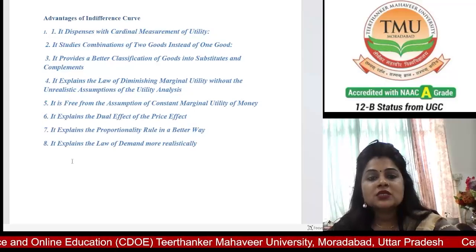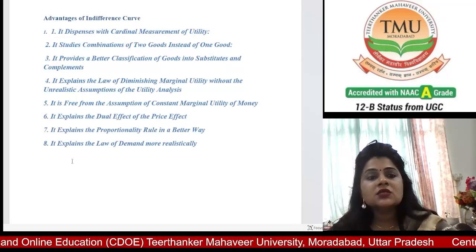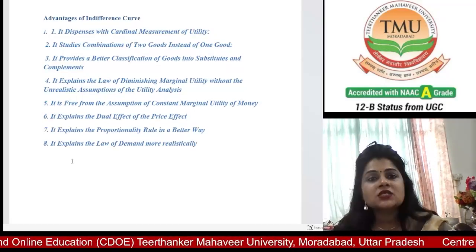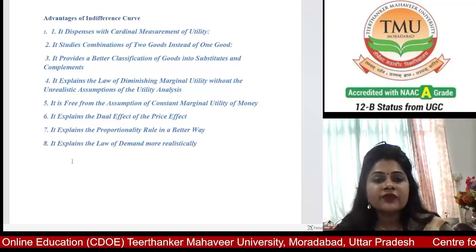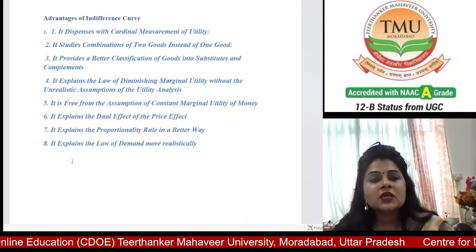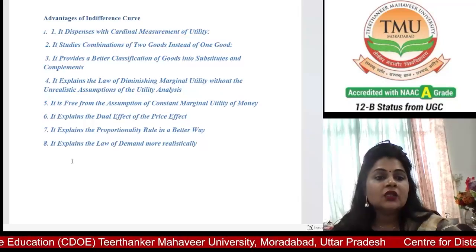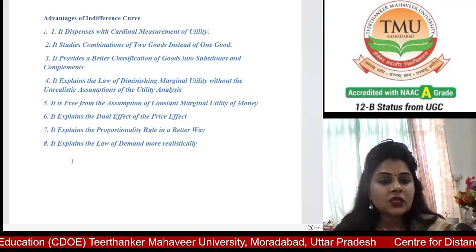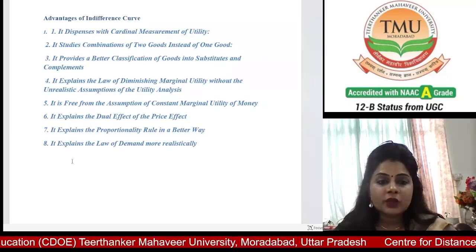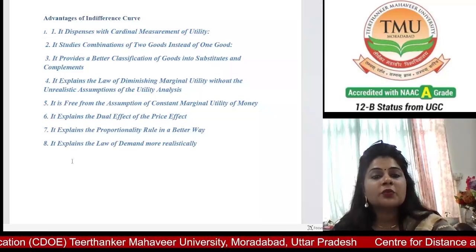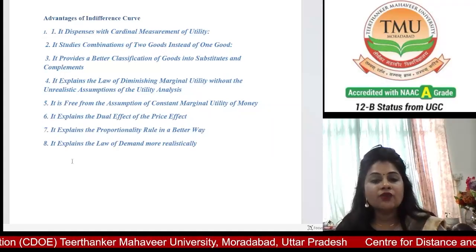Next and last advantage of the indifference curve: it explains the law of demand more realistically. The indifference curve technique explains Marshall's law of demand in a more realistic manner in more than one way.